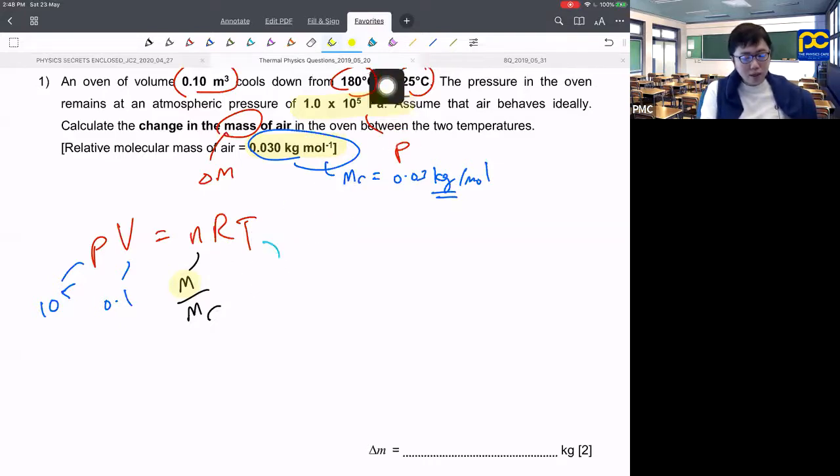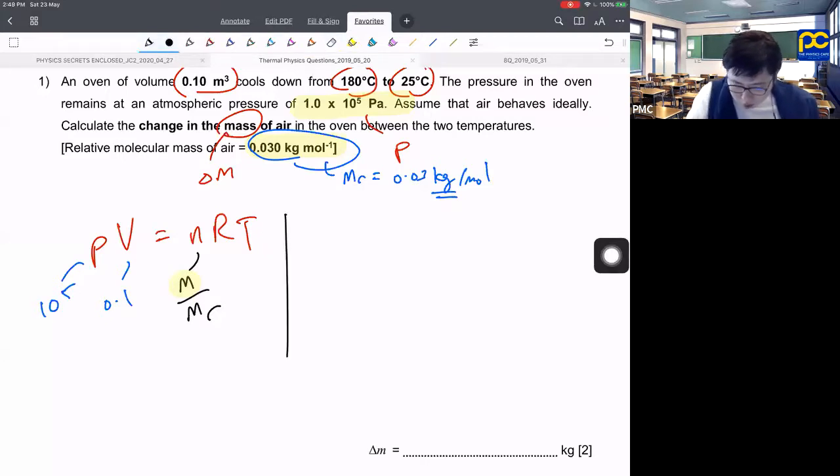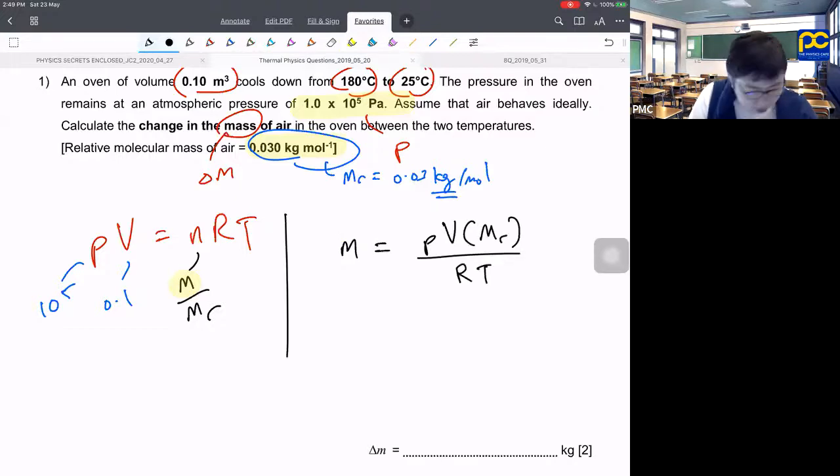Sub in delta T, then find delta M. When you make mass the subject of the equation, you get PV Mr over RT. You check. Is that right? Step 1, make mass the subject of the equation because you want to find mass. Very intuitive. That's what you should do.